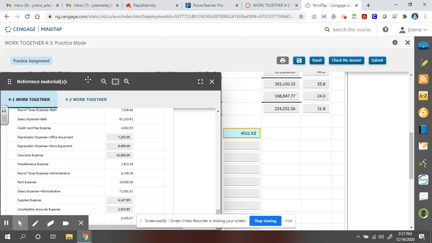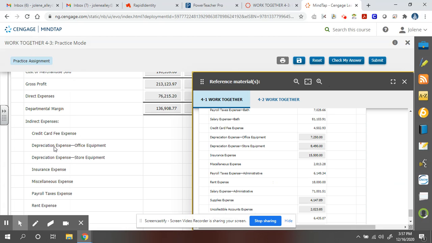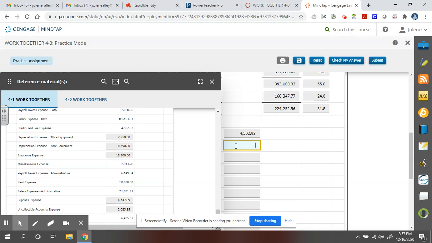Okay. Now let's see what this next box is. The next box is depreciation expense for office equipment. Here's just depreciation expense for office equipment, $72.50. All right.